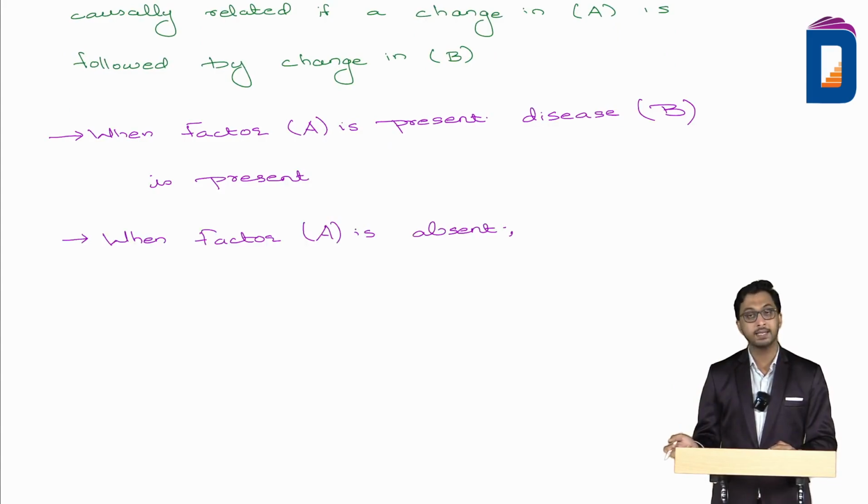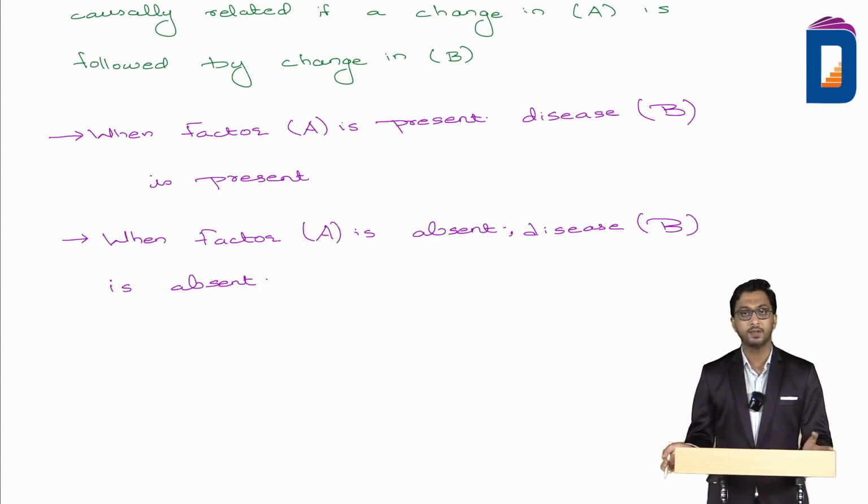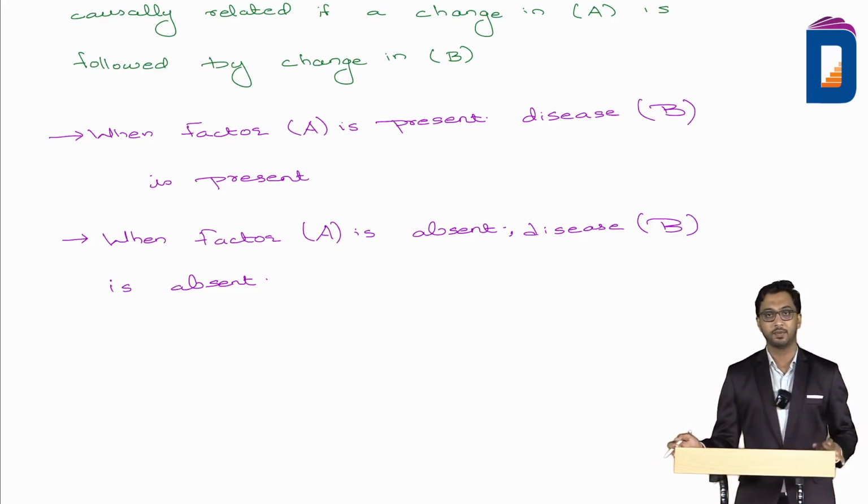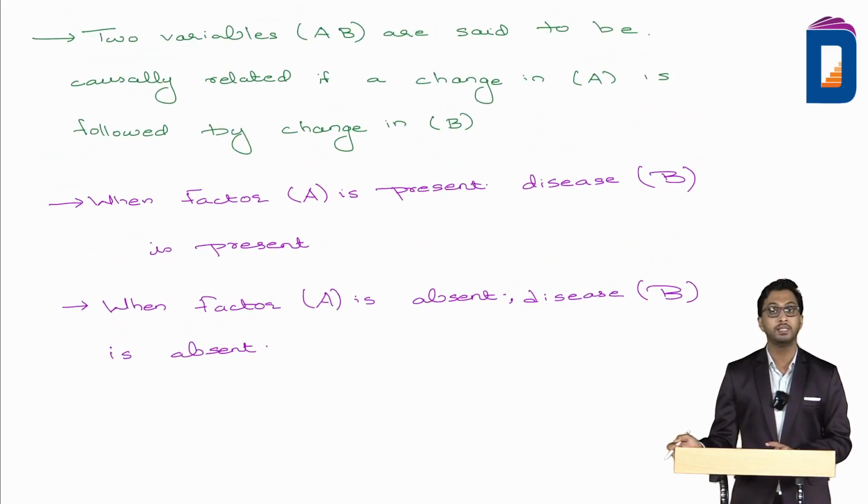When factor A is absent, disease B is absent. For example, HIV/AIDS. Just an example. HIV virus is present, the patient is suffering from AIDS. HIV is not present, the patient is not suffering from AIDS. So that is a change in A followed by a change in B.